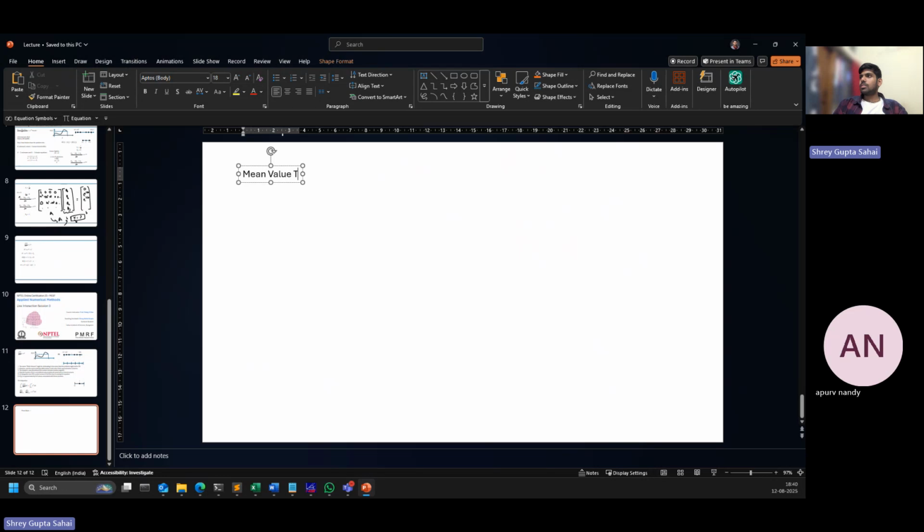The mean value theorem is a simple theorem, nothing much. We just have to quickly get its statement.